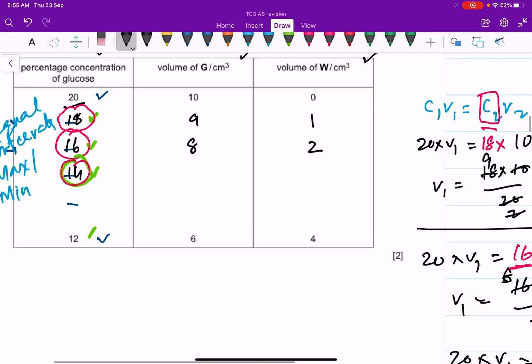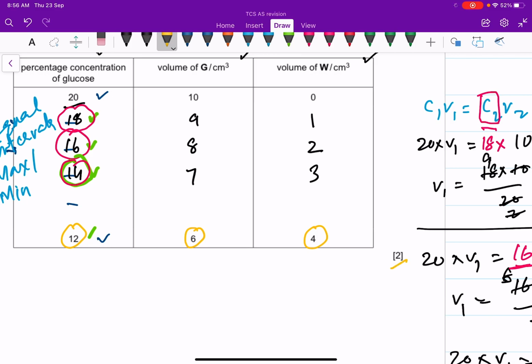So 7 cm cube of this volume of G, and 3 cm cube of distilled water has to be added into it. And for the next concentration, which is 12, 6 cm cube of volume of G and 4 cm cube of distilled water has to be added into it. So this is for 2 marks.